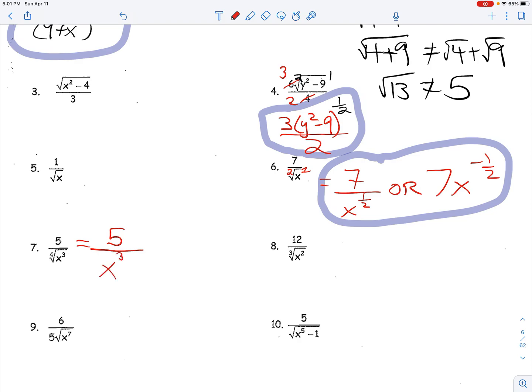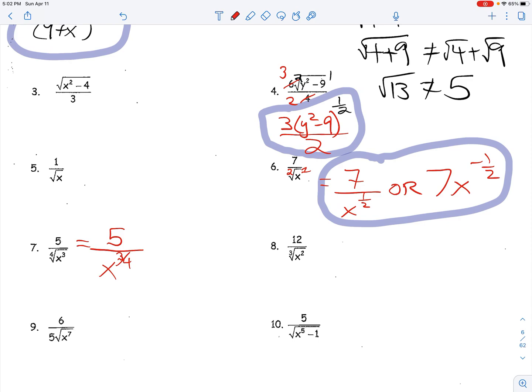So this will be 5 over, and a reverse power over root will be x to the power of 3/4.